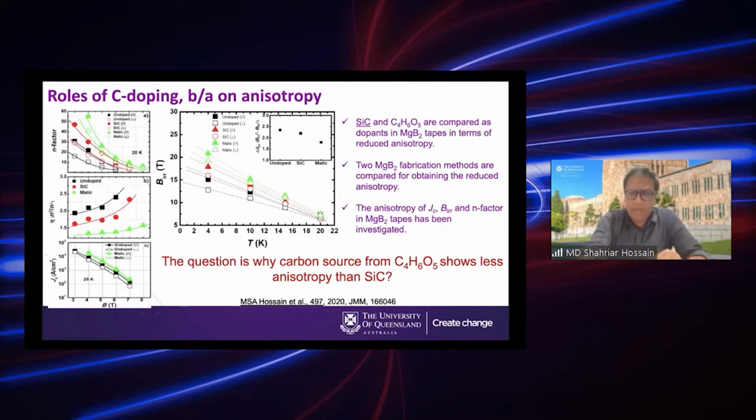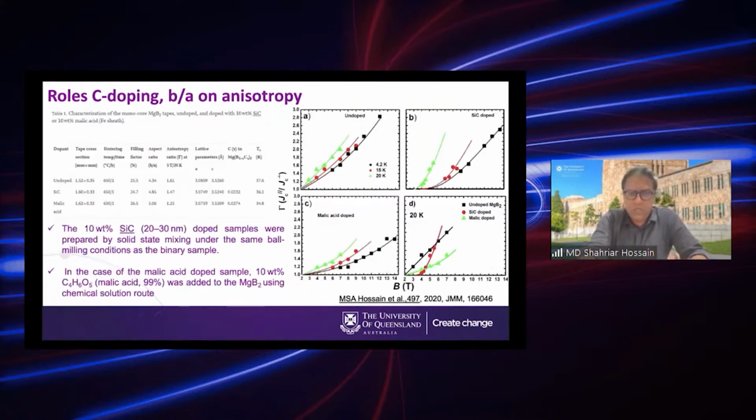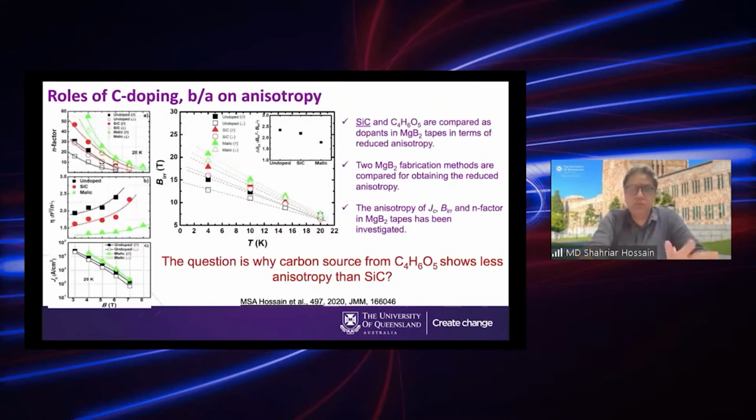We not only measured the Jc anisotropy, we also measured the anisotropy of the n factors and the irreversibility field. Checking all these parameters, we found the malic acid dope performed best, with very low anisotropy.